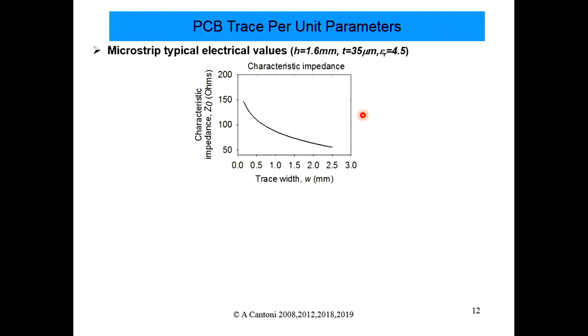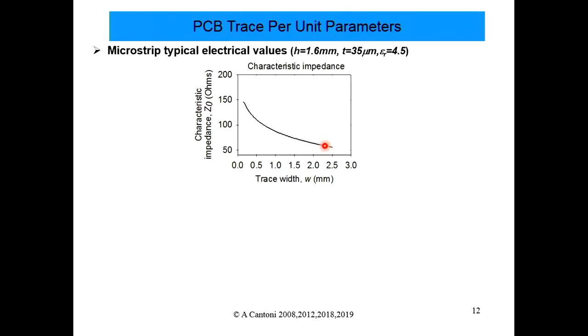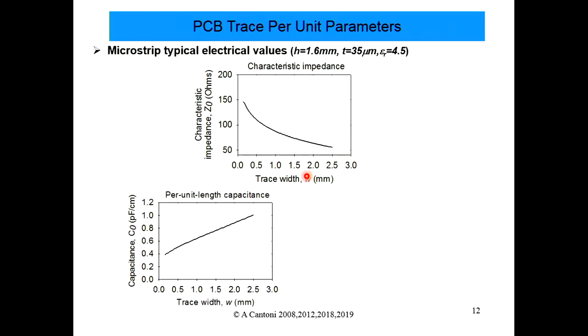So if we look at some typical characteristics, okay, we can see that this is for the microstrip line, which is a typical printed circuit board line that you'll use, okay? You can see that the characteristic impedance, we'll talk more about that later, decreases quite a lot as you make the wire thicker or wider, okay?